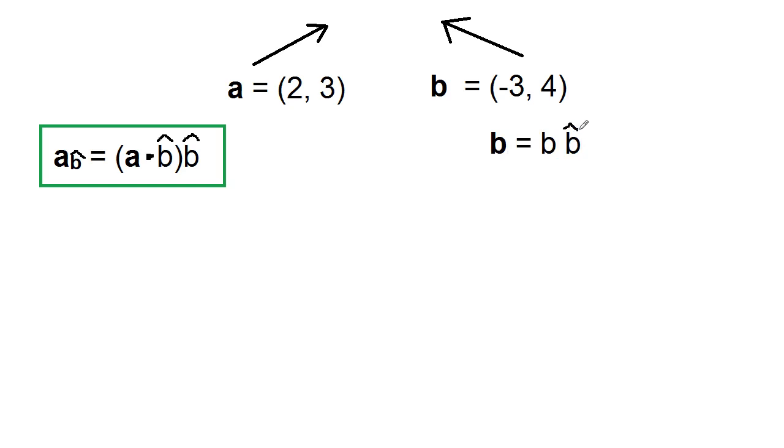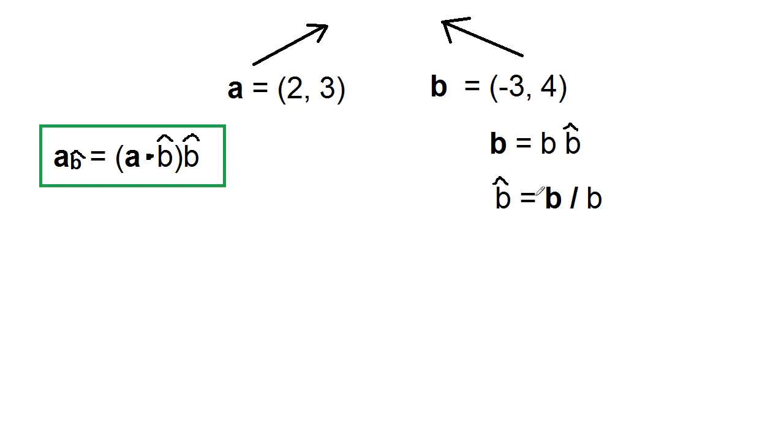Because b with the little hat on top of it is just its direction. So you can find b hat here simply by rearranging this equation. In other words, if you want to find b hat, you can take vector b and divide it by the magnitude of b.